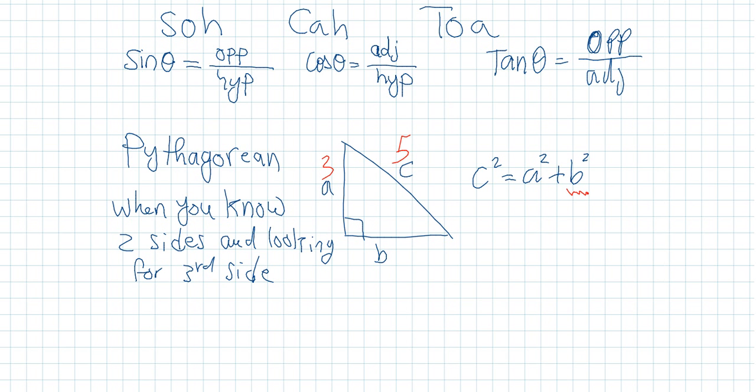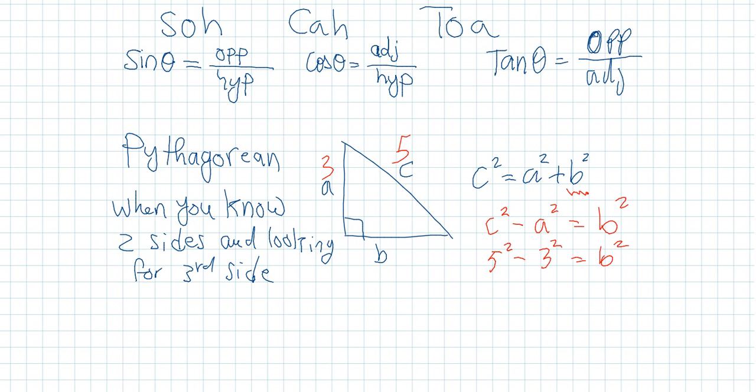Okay? So what's C? So 5 squared minus 3 squared equals B squared. So 5 squared is 25, minus 9, equals B squared. And that's going to be 16 equals B squared.